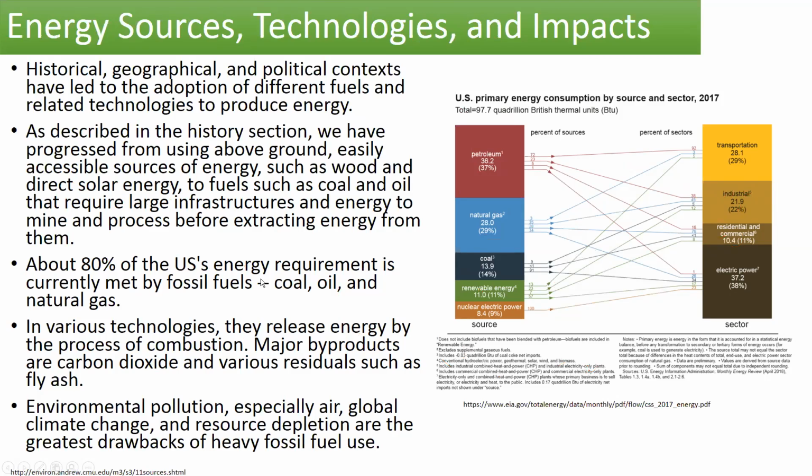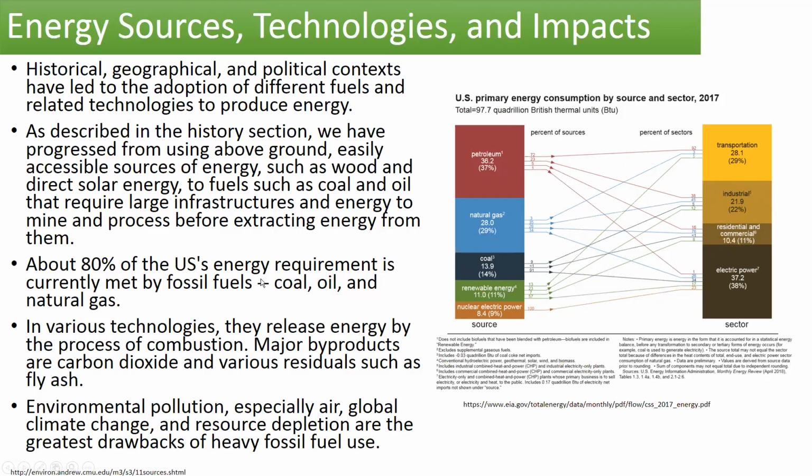And how do we use that energy? Transportation uses 29% of that energy. Industrial uses 22%. Residential and commercial, 11%. Electric power, 38%. So I'm sorry, electric power is the largest player, followed by transportation.